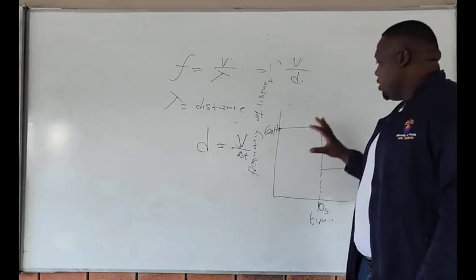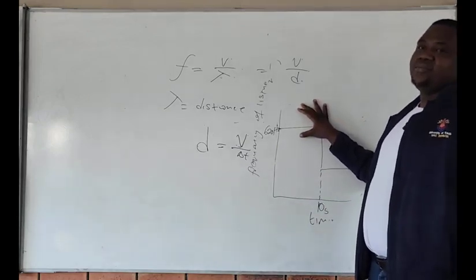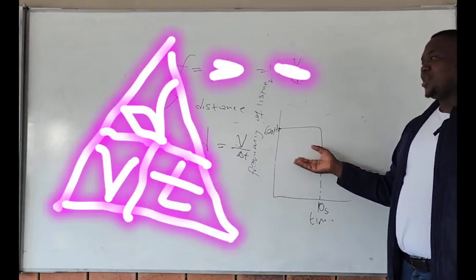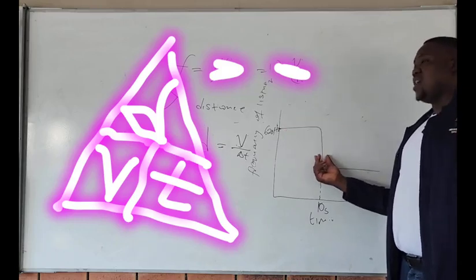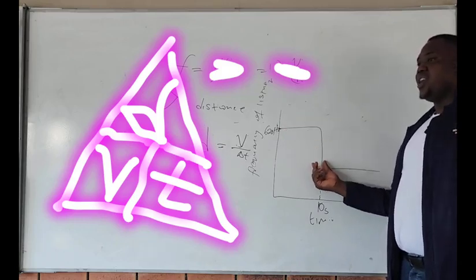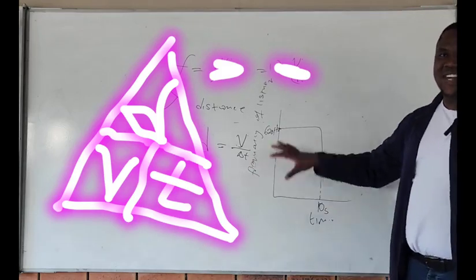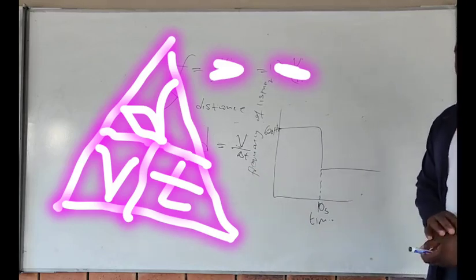So this graph reminds us of the graph of momentum. You remember that this line represents initial momentum, final momentum, and during collision. So it reminds us of that. But this is not a momentum, guys. It's Doppler's effect. This is a graph that is representing Doppler's effect.